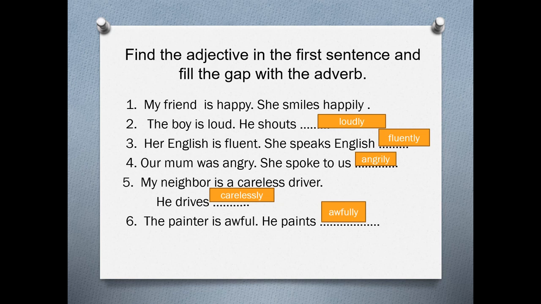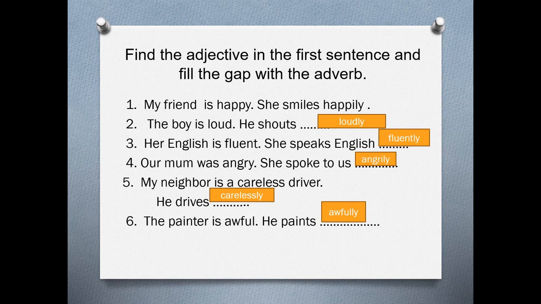My neighbor is a careless driver. He drives carelessly. The painter is awful. He paints awfully. Okay, I hope you wrote those sentences in your notebook. Okay, go ahead.